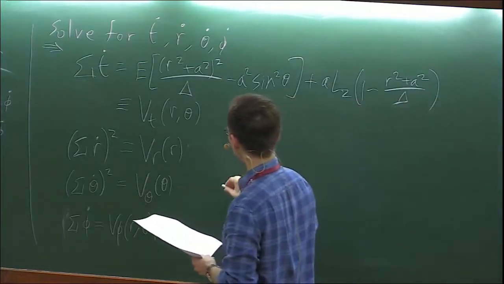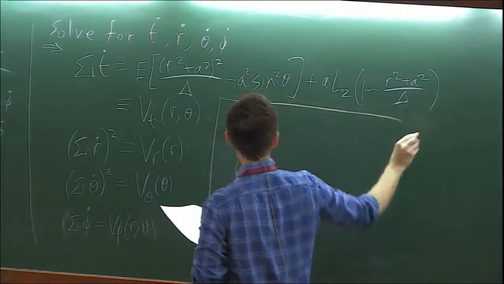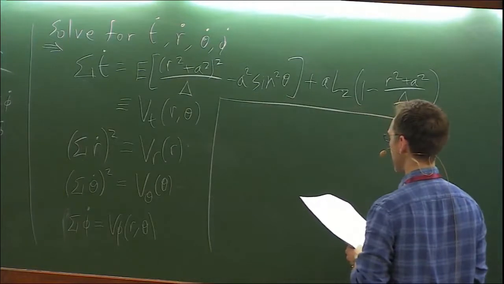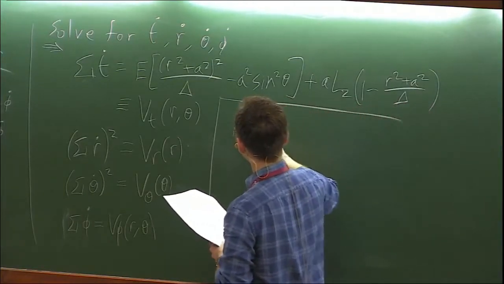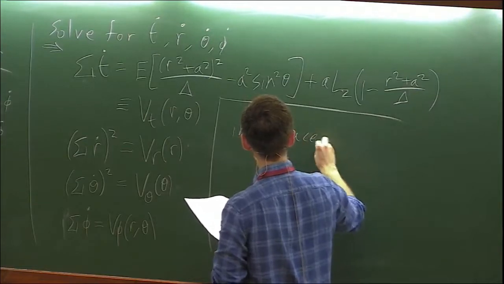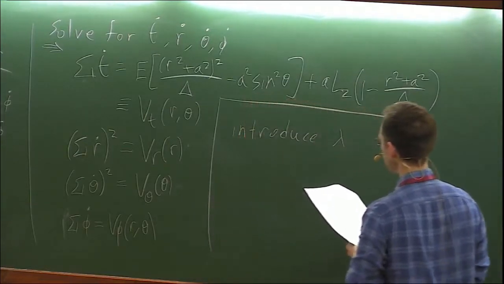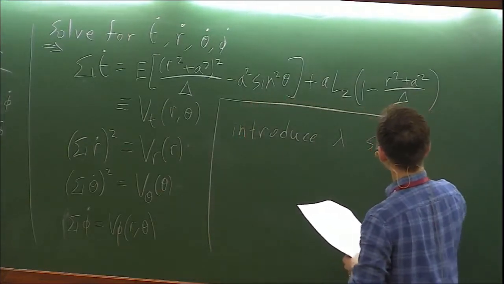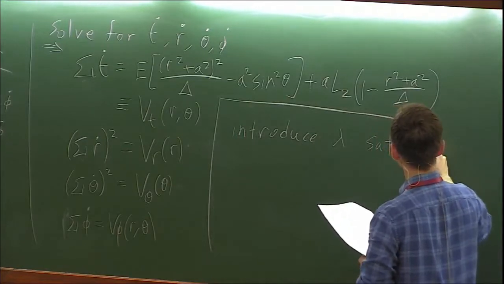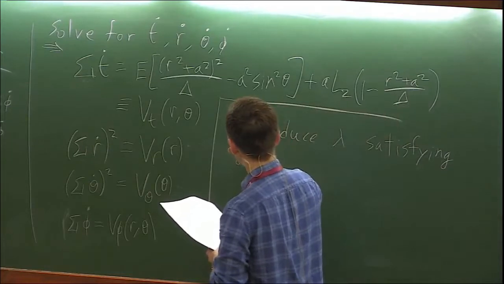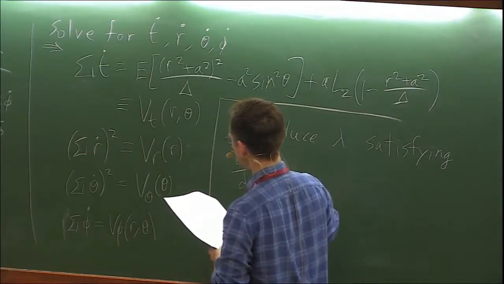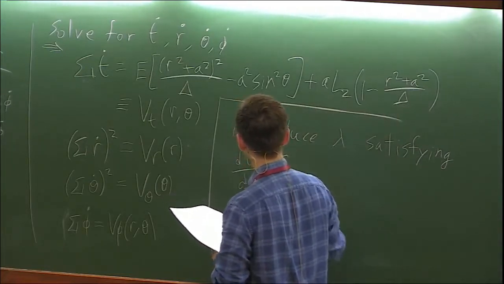So we can then introduce a new time parameter, called lambda, and it's defined to satisfy d tau d lambda equals sigma.